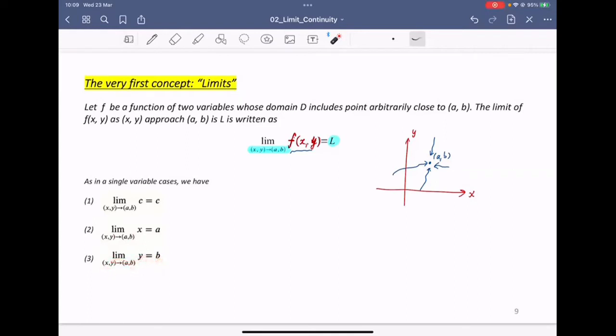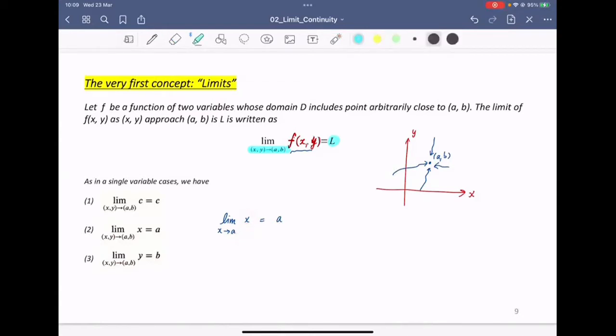Does it make sense? Compared to what you learned in Cal 1, you used to have the limit of x where x goes to a. This is just a in Cal 1, right? Because you can plug in the number a here because of the continuity of the function f(x) = x. So you plug in a here, you get a. We're going to keep this result in two dimensions.